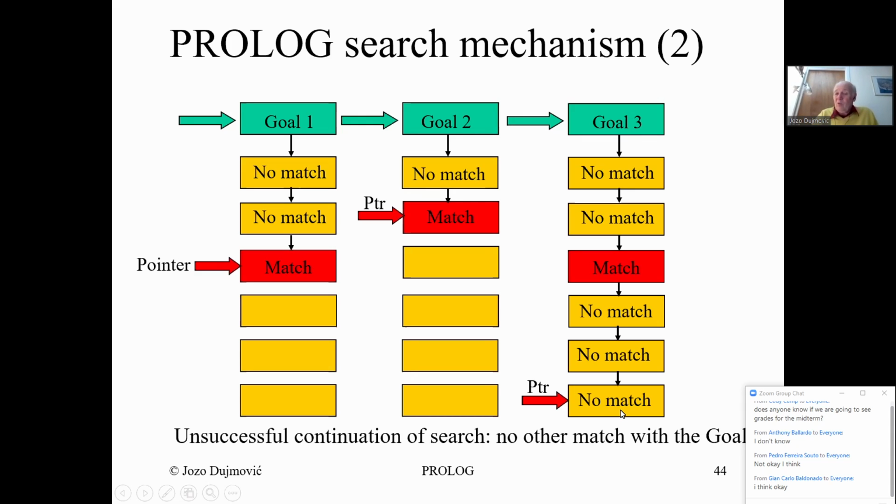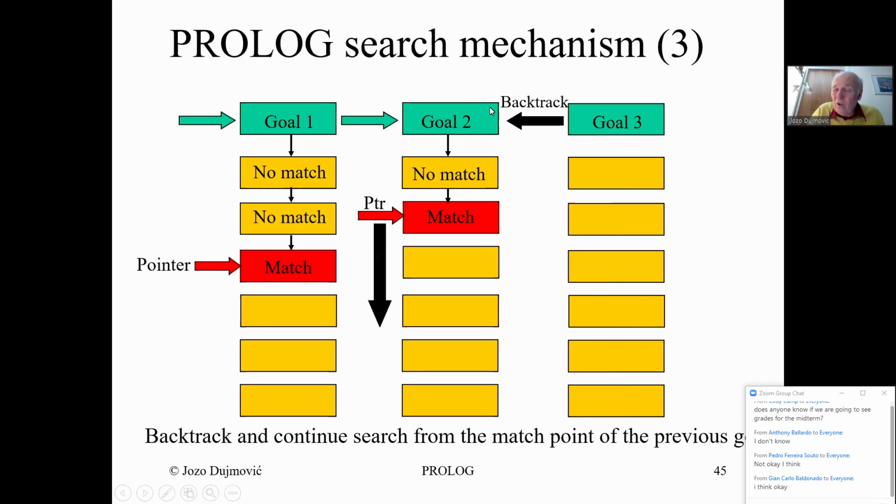And then what happens? When you come here, you failed. So the only way to continue this search is to go back to goal 2. This movement from goal 3 to goal 2 is called backtracking. Backtracking is going back in the sequence of goals and trying to satisfy goal 2 from the pointer position in the database of facts.